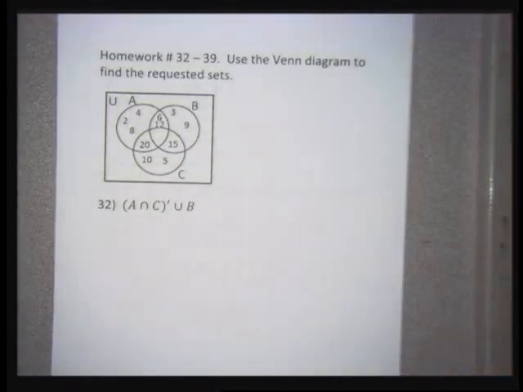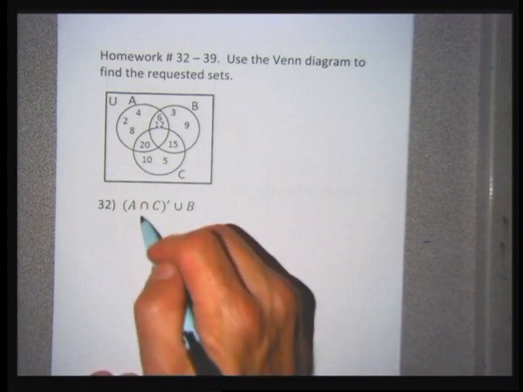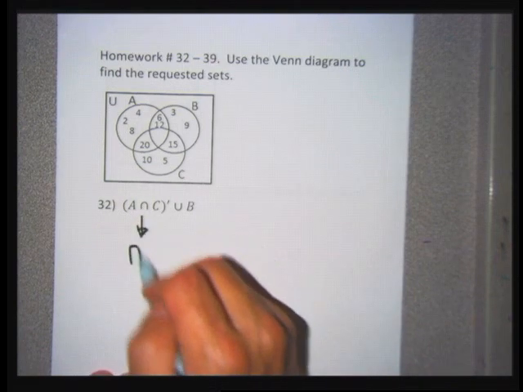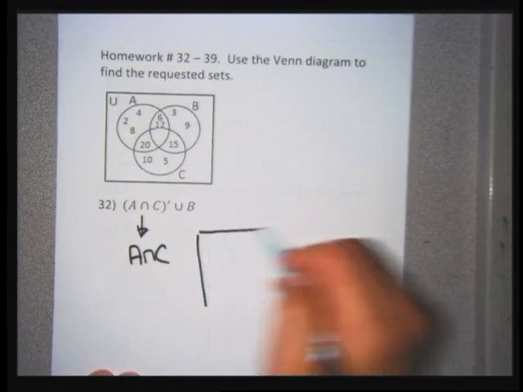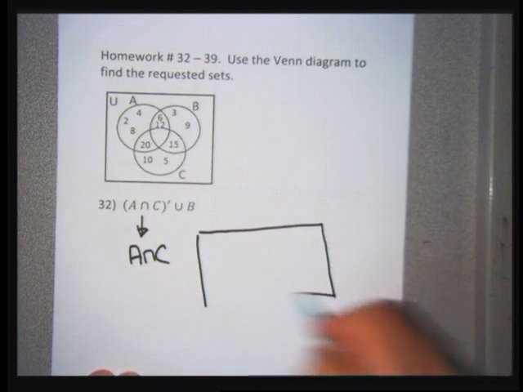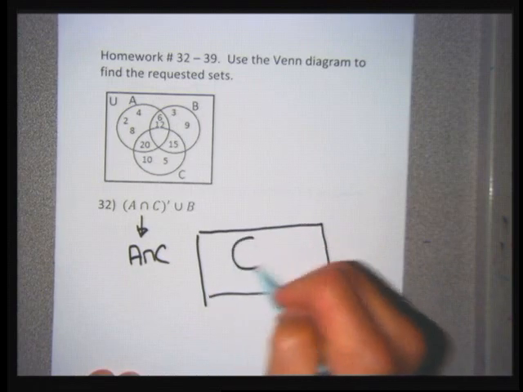32, that's where it gets nasty. So first I want to do A intersection C prime, and then I'm going to union it with B. So to do A intersection C prime, first I have to do A intersection C, and that's easy for me to do because intersections of sets are just where the sets overlap.